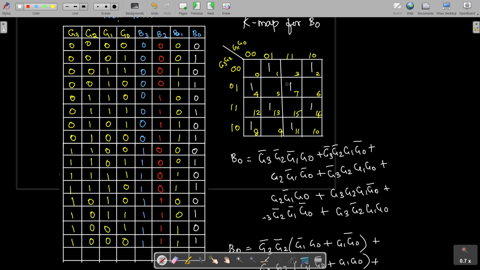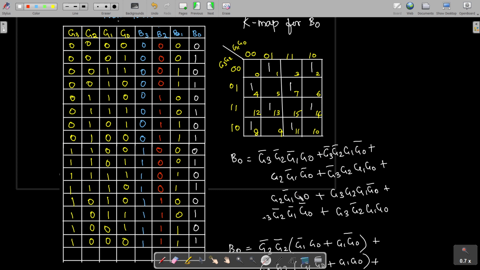Okay, here I have looked into this. That means for this one, it is 0001, isn't it? So it is G3 bar, G2 bar, G1 bar, G0, like that I have written. Then for this 2, it is 0010, right? So G3 bar, G2 bar, G1, G0 bar, that is written here.